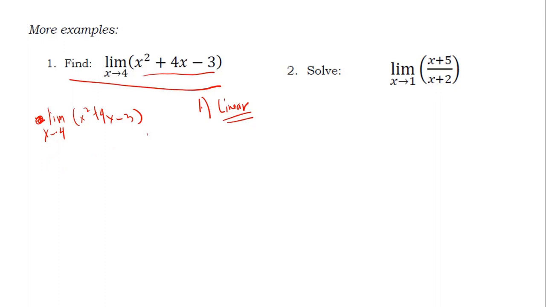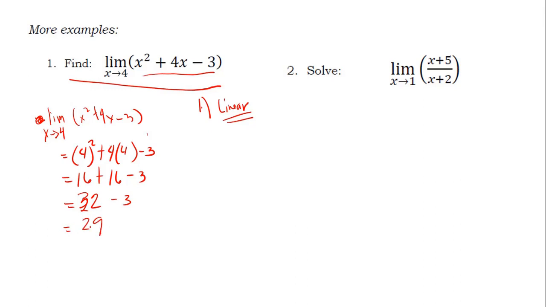Just simply substitute 4. We have 4 raised to 2 plus 4 times 4 minus 3. So, 4 times 4 is 16, plus 16, that is 32, minus 3, which is 29. The answer is 29.